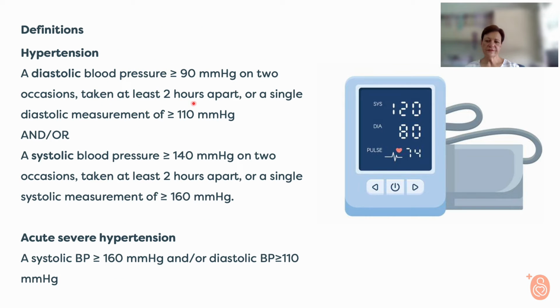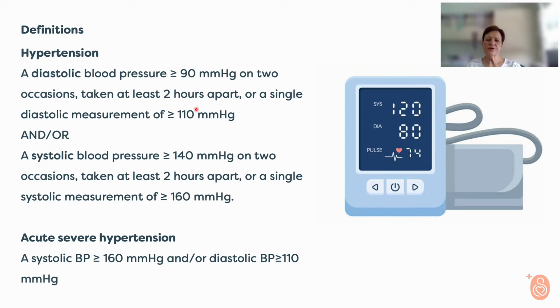Then we come to different definitions of hypertension during pregnancy specifically, and we say that when the diastolic pressure is above 90 millimeters mercury on 2 occasions, and this is very important, we will come to that just now, about 2 hours apart, or a single diastolic measurement of above 110 millimeters mercury, and the systolic pressure of above 140 millimeters mercury or above 160 millimeters mercury.